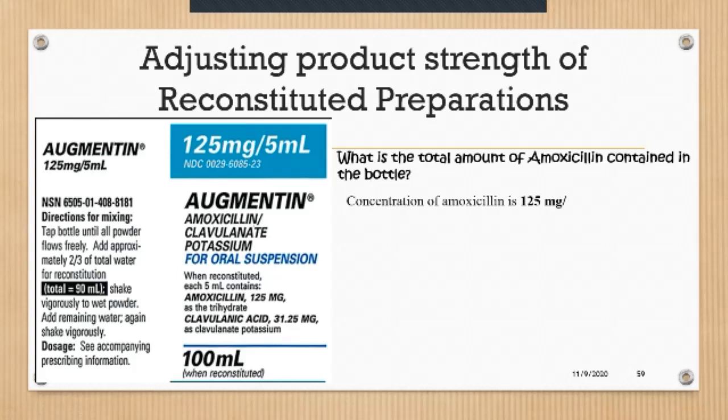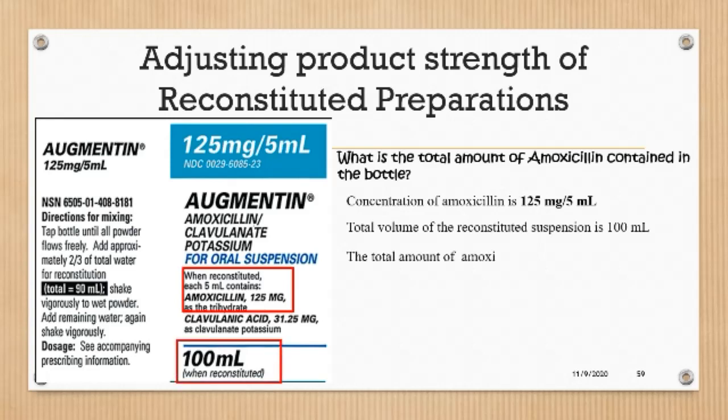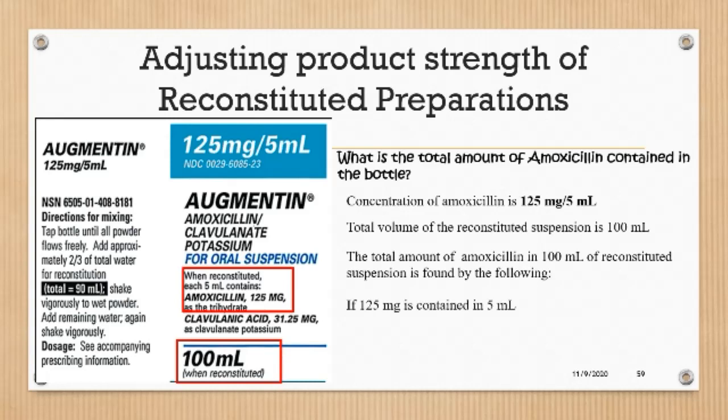That can be determined, however, from the concentration. Once we know the concentration of amoxicillin, which is every 5 mils containing 125 milligrams of drug, then we can determine how much would be in the entire 100 mils when reconstituted. So the total amount of the amoxicillin that would be in 100 mils once the powder is reconstituted can be determined by ratio and proportion.